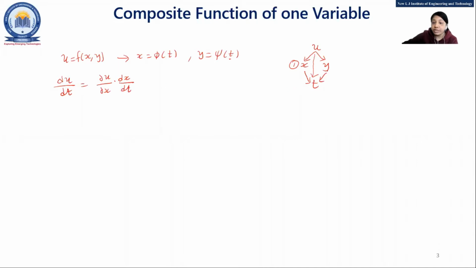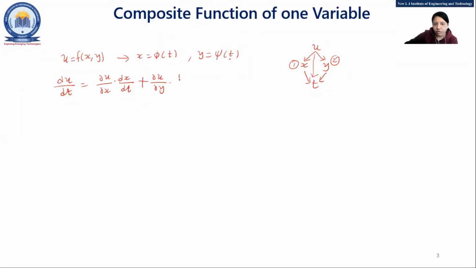Clear? Now the second part. For that we write a plus sign. Now du by, either du or del, we'll use del u by del y, because u depends upon two variables. So I'll write del u by del y into dy by dt, ordinary, since y to t is only one variable.